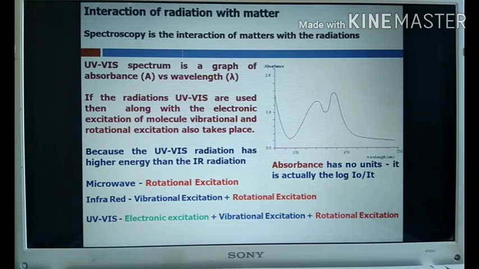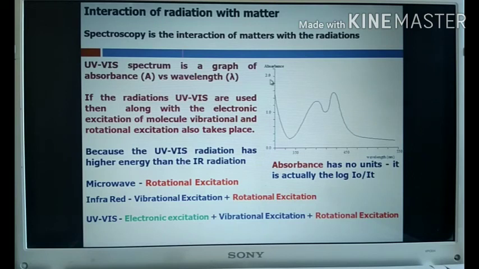Because UV visible radiation requires higher energy than the vibrational and rotational. Therefore, along with the electronic, the rotational and vibrational energy levels may also be changed. So this is the UV visible spectrum.